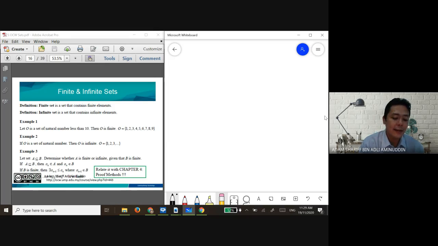If I just define it as O is a set of positive integer, let O be a set of positive integer. Kalau positive integer ada banyak, so it will be banyak, starting from 1, 2, 3, 4, blah blah blah.